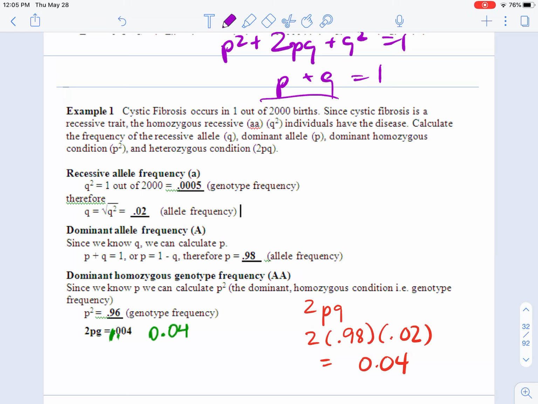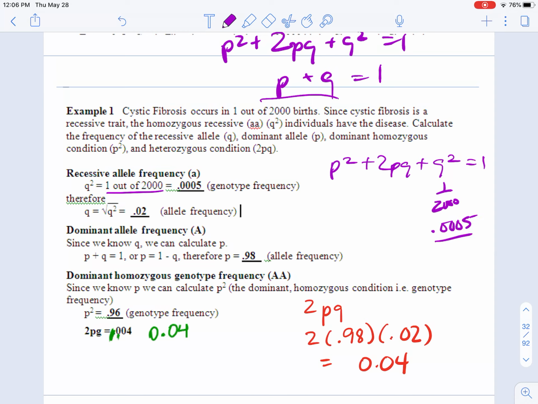Okay, the next 5 here, the cystic fibrosis question, is kind of a human example. So the numbers you see are high numbers, like thousands of people. In this case, it's saying that there's 1 out of 2,000 that has it. So you're looking at a big number, but not very many. So when we put our formula in here, realize that 1 out of the 2,000 is what we have to put in our calculator to get your q squared.